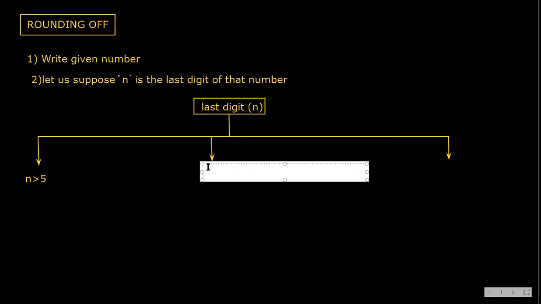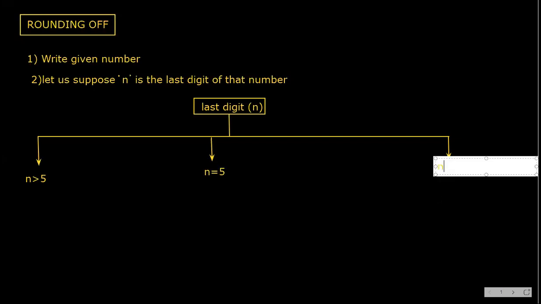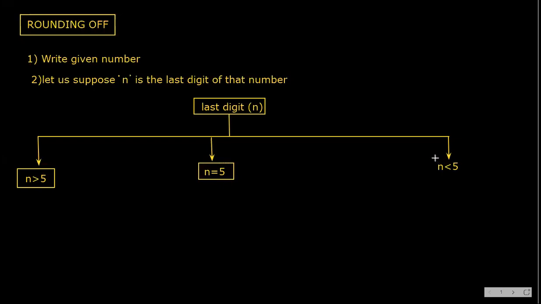Next possible case is n is less than 5, or first we will take equal to 5. Okay, these are the three possible cases. It means if the last digit is greater than 5, then what to do, and if less than 5, then what to do.